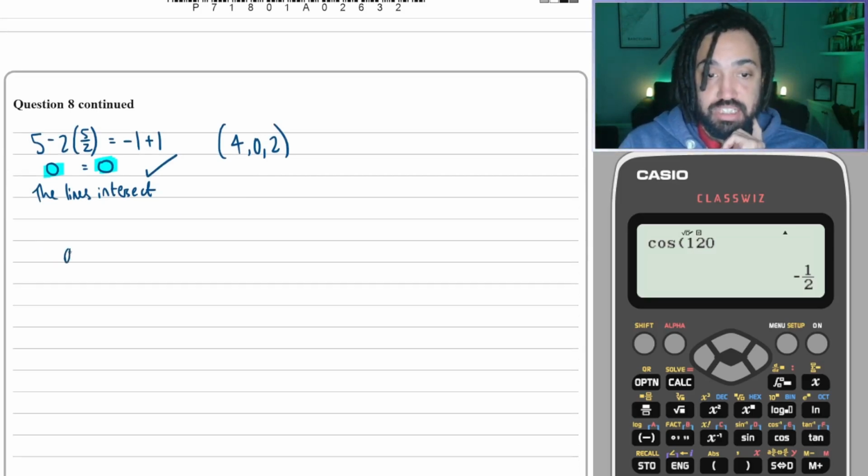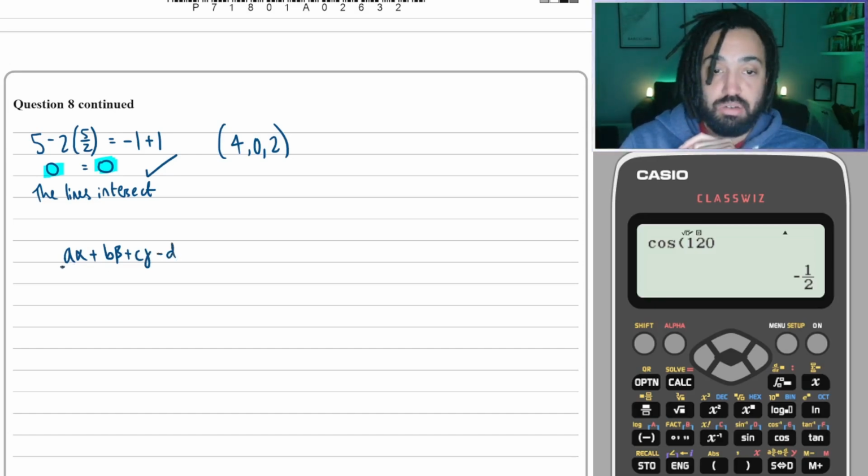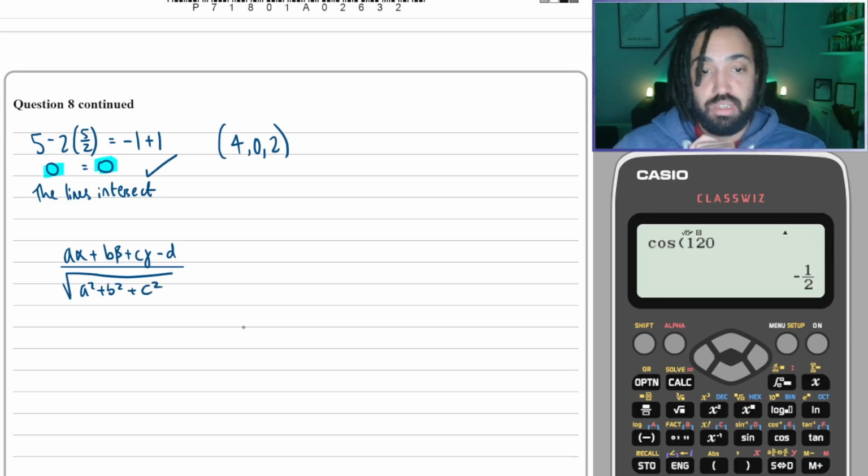So it's A alpha plus B beta plus C gamma minus D all over the modulus of A squared plus B squared plus C squared. Perfect.